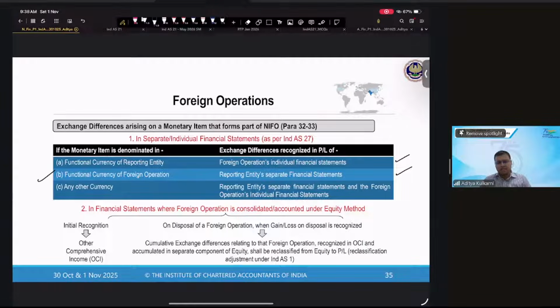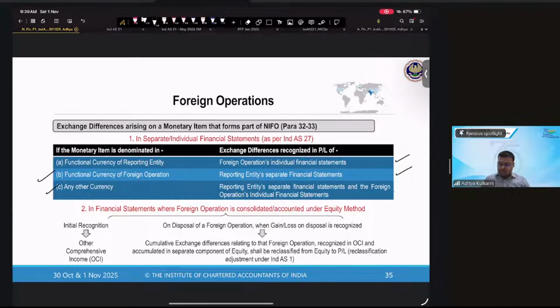Are you able to understand this? Suppose I gave the loan in any currency other than INR or US dollar, say euros. Then I will have an exchange difference and the US foreign operation will also have an exchange difference.